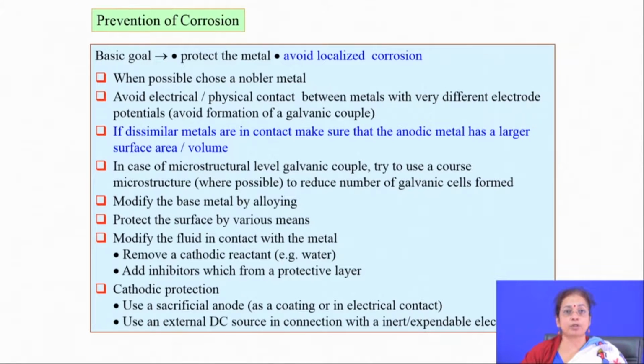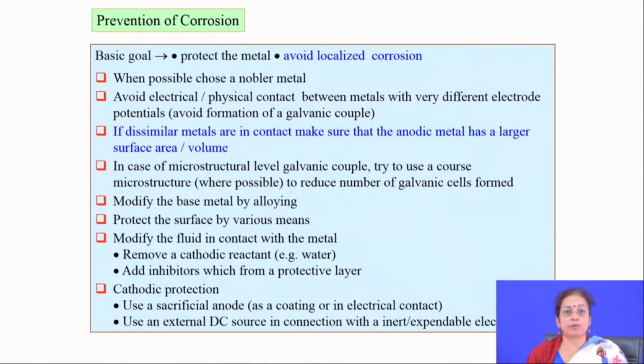Whenever it is possible, you choose noble materials, or otherwise a material in which a stable passive film forms, which protects the underlying substrate. Then avoid electrical or physical contact between metals to get rid of the problem of galvanic corrosion. If dissimilar metals are in contact, make sure that the anodic metal has a larger area to volume ratio, that is a typical design criterion.